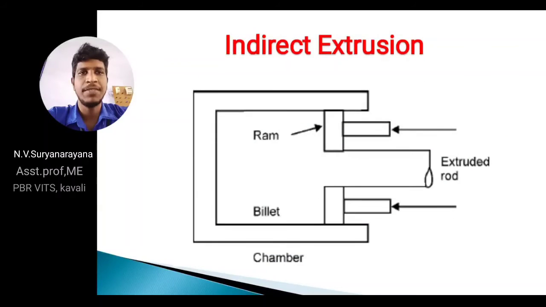Next, this is a figure for indirect extrusion. We are forcing the metal, that means we are forcing the billet, in one direction, the left side direction in this figure, and the output will be collected on the right side. That part is known as the extruded rod. That is about indirect extrusion.